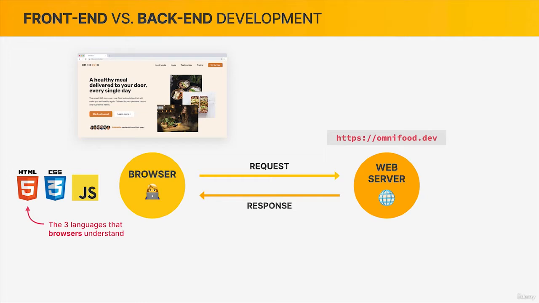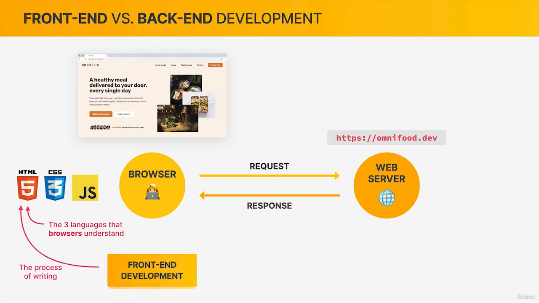And that process of writing HTML, CSS, and JavaScript code that the browser can understand is a process that we call front-end web development. So whenever you hear someone talking about front-end development, what they mean is developers writing the code that is displayed in the browser, which is basically the front end of a website. And in fact, this is essentially what we're going to learn in this course, or at least the very, very fundamentals of front-end development, which is learning HTML and CSS.